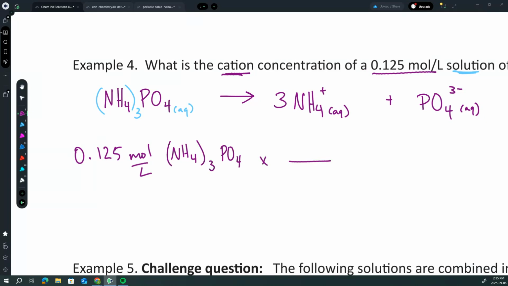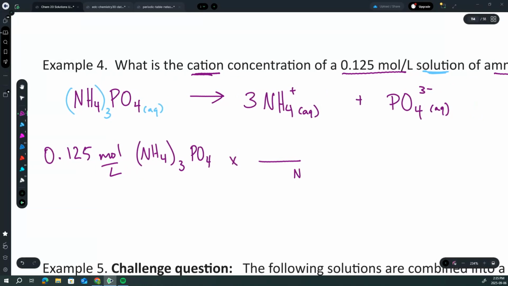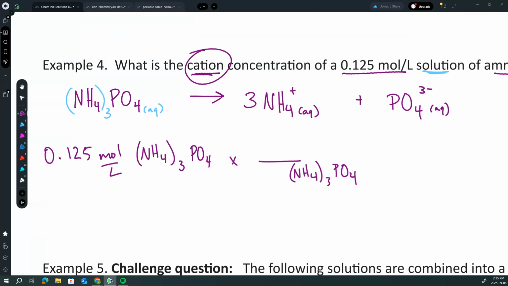PO4 times by fraction sign. Okay, so we are given ammonium phosphate. And what we want is the cation concentration, so that's the ammonium one. So coefficient for ammonium, that's 3. Coefficient for ammonium phosphate, that's 1.